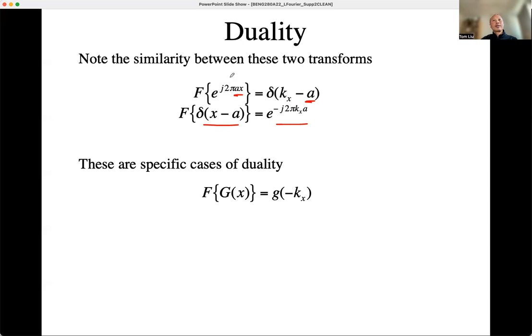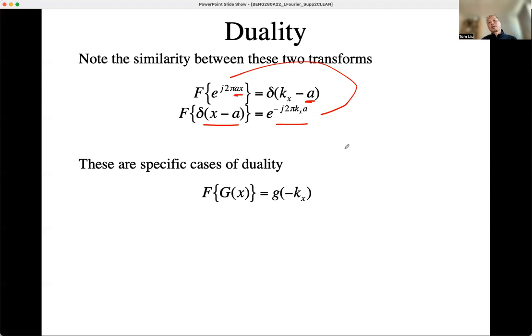These two terms have similar forms. So this is a specific case of duality, where if I know the Fourier transform of one thing, then I can figure out the Fourier transform going the other way.